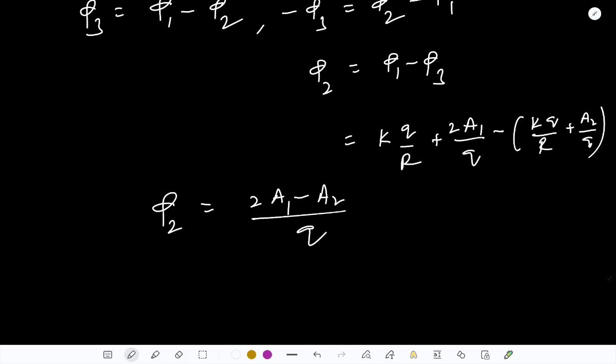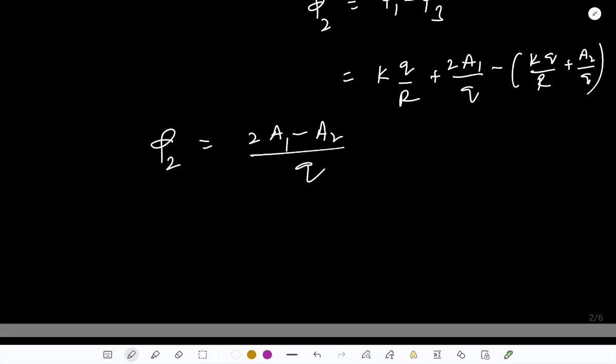Now we need to find the value of work in this case. The initial energy of this system, when they were all isolated, was u naught, and we can write it as half.